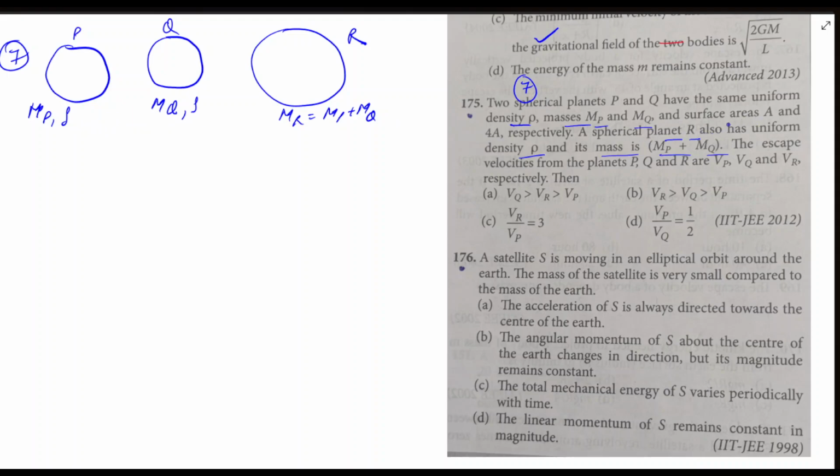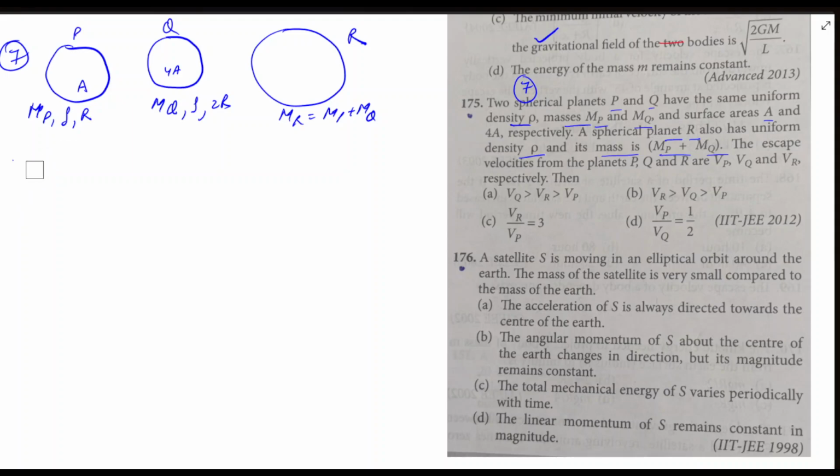But the surface areas of P and Q are A and 4A. So let's say the surface area is A. The formula for A is 4 pi r square. So for 4A, its radius must be twice. Let's say its radius is r, then its radius will be 2r.